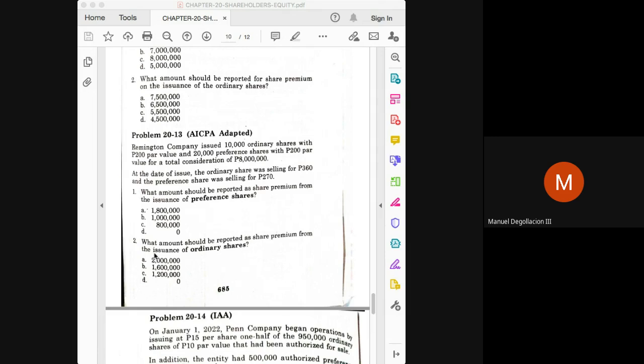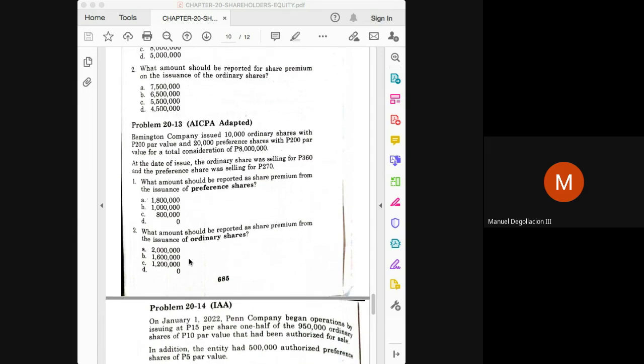There should be a credit to our ordinary share capital in the amount of 2 million. But since the value allocated to the ordinary shares issued is 3,200,000, that means the extra 1,200,000 goes to the share premium, and that's why the answer to the second question is 1,200,000. Okay, so it's letter C: 800,000 share premium preference shares, 1,200,000 share premium ordinary shares.